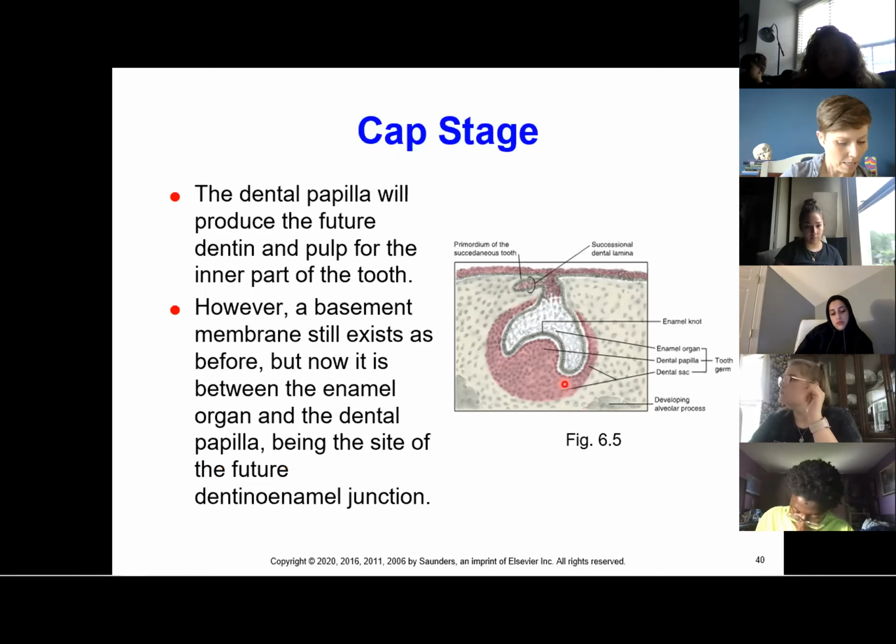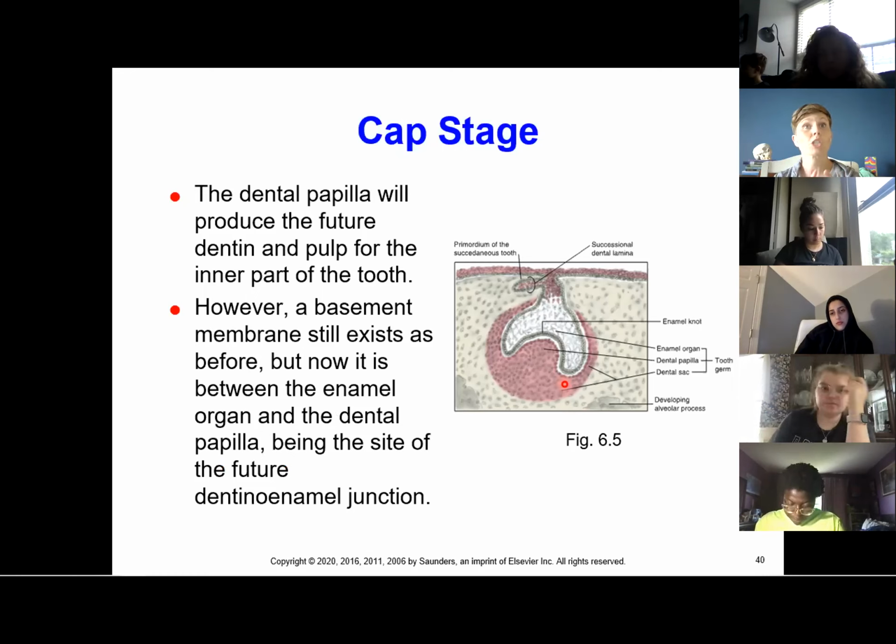All right. The dental papilla will produce the future dentin and the pulp of the inner part of the tooth. The basement membrane still exists as before, but now it is between the enamel organ, which is this part, and the dental papilla. And it's the site of the dento-enamel junction, so it is where the dentin and the enamel will come together.